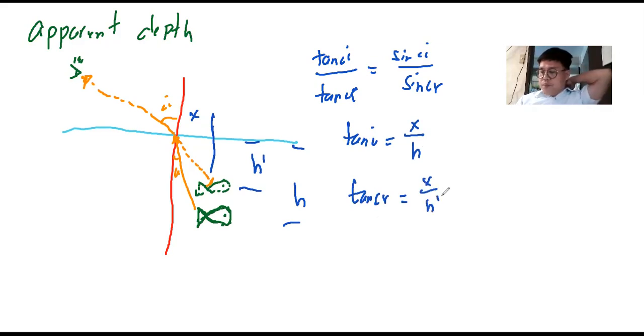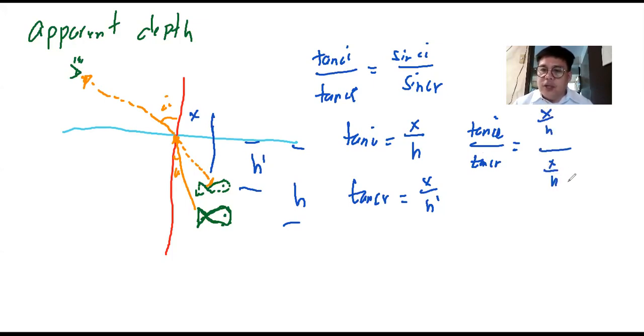Okay. And tangent r, angle r, is equal to the ratio of x all over the height of the image. So with these findings, the ratio tangent angle I all over tangent angle r is equal to x all over h, x all over h prime. These two are just equal, no? If you can see in my drawing.